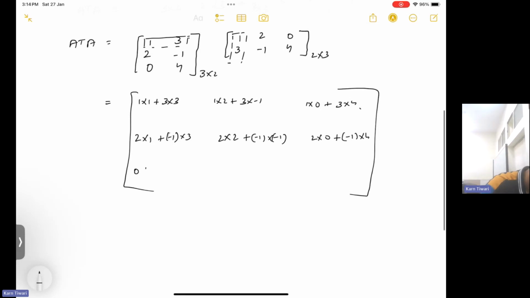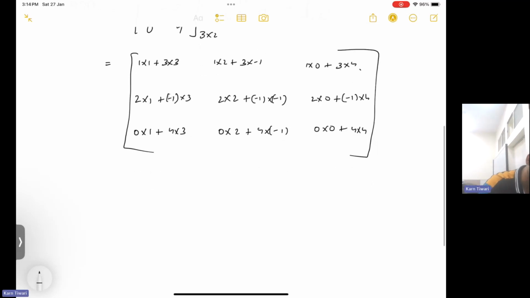That is, it will be 0 cross 1 plus 4 cross 3. The next element similarly 0 cross 2 plus 4 cross -1. The next element will be 0 cross 0 plus 4 cross 4.